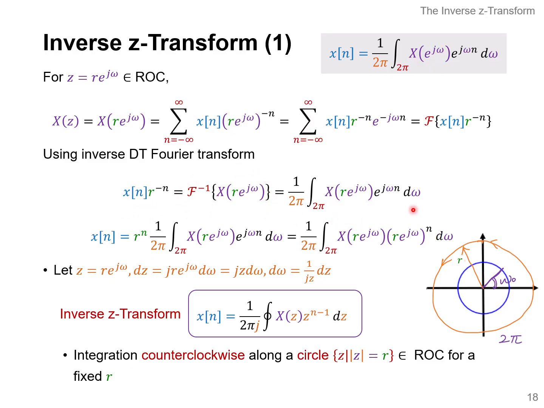The formula for x of n from chapter 5 appears in the gray box on the right. In this formula, x of r times e to the j omega is the Z transform evaluated on the circle with the magnitude of z equals r.